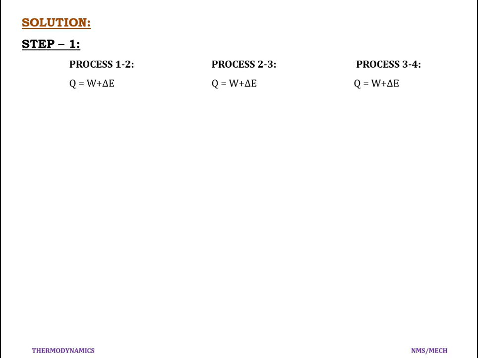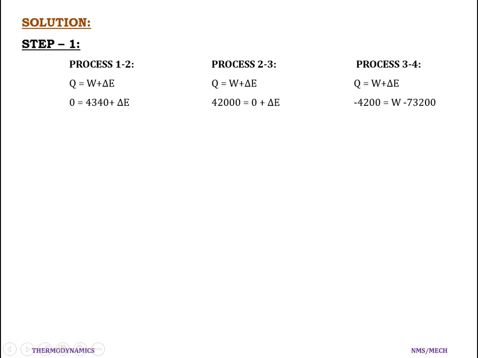For all the processes we follow the first law of thermodynamics. For this closed system, we know Q is equal to W plus delta E. For the process 1 to 2, the given values are substituted and the unknown value is calculated. In the process 1 to 2, the Q value is given as 0 and the W value is given as 4340.